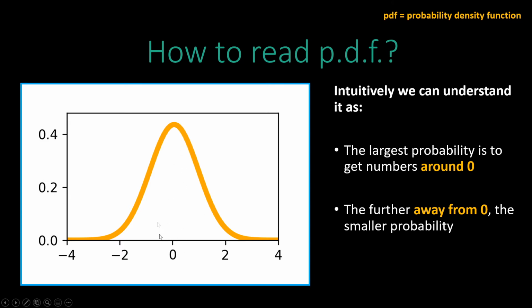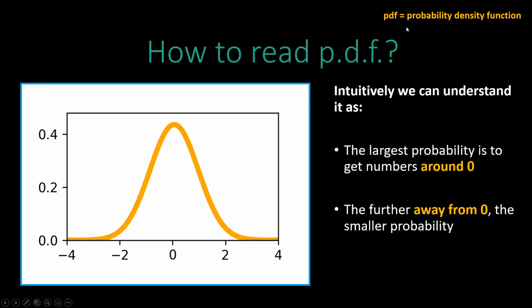The largest probability would be around 0 because that's the highest peak there. And the further you get away from 0, the smaller the probability of getting that number. You can see that maybe from minus 1.5 to plus 1.5, or maybe minus 1 to 1, is where most of the numbers will lie. But still you will be getting these lower numbers every now and then as well. So that would be how you are reading this one.